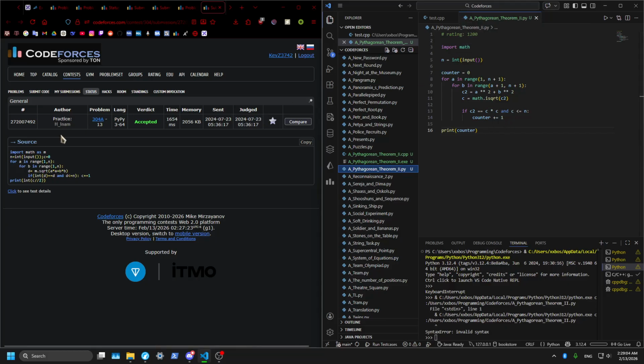Import math. Counter, for i, want n. So you don't check n plus 1? You're saying it can't be n. A can't be n. I guess a cannot be n.